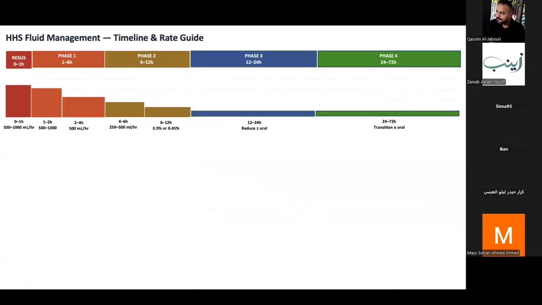Fine. So the fluid protocol in HHS patients. This applies to the standard patient who does not have comorbidities and does not have any contraindication to fluids as per protocol. The standard is to give 500 mL to 1 liter in the first hour, and then follow that with ongoing fluids, 1 liter every 2 hours, then 4 hours, then 6 hours, and so on.